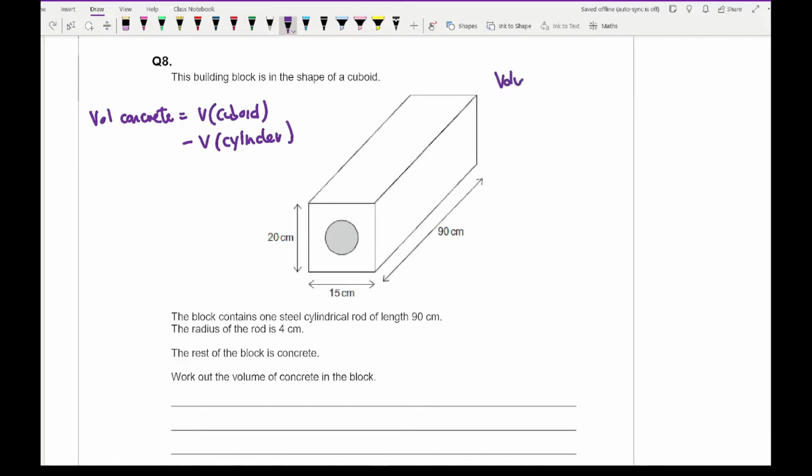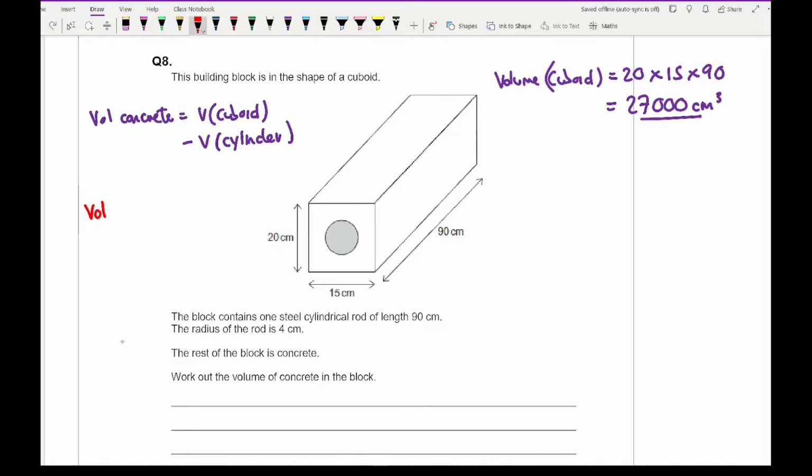So the volume of the cuboid is going to be where I multiply all the lengths together. So that's going to be 20 times 15 times 90. Again, type that into my calculator. 20 times 15 times 90 gives me 27,000. And so then the next thing I need to do is work out the volume of the cylinder.